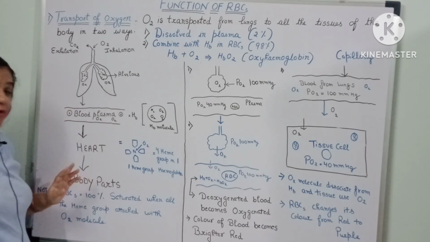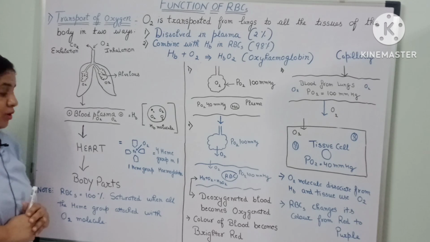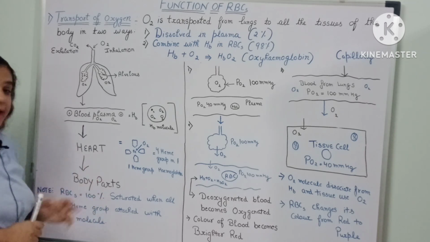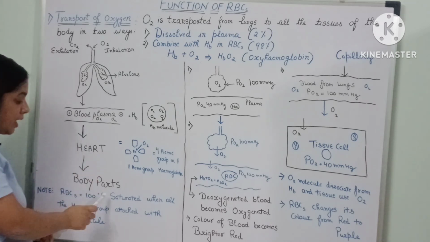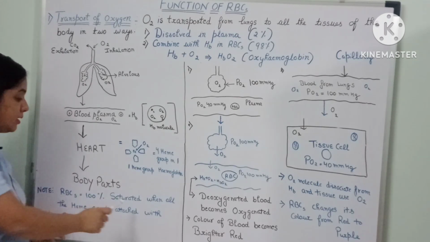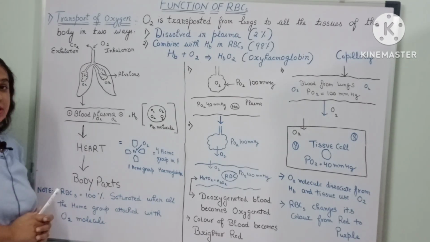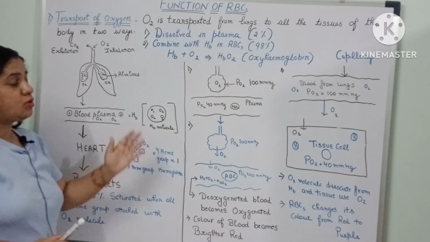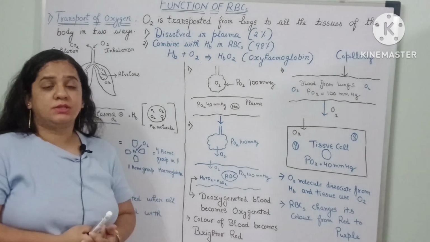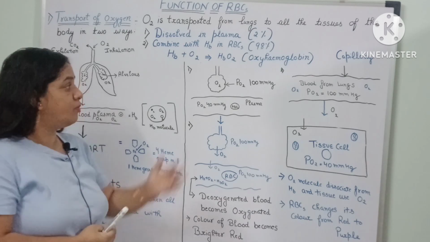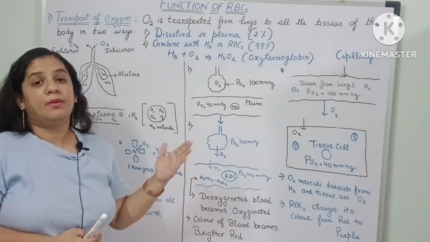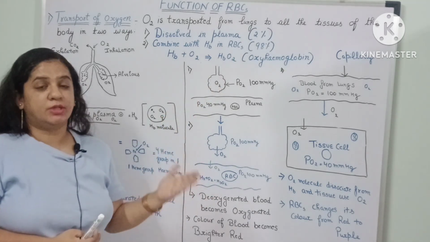When all 4 oxygen molecules attach with the RBC, that RBC is called 100% saturated, when all the heme groups attach with oxygen molecules. Now we'll discuss how these oxygen molecules transfer from the alveolus to the blood and from the blood to the tissues.